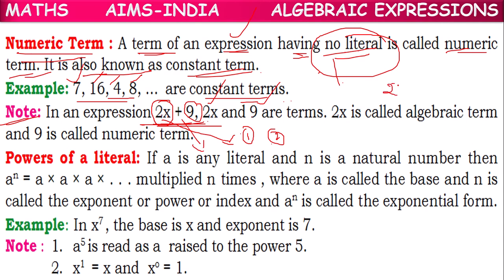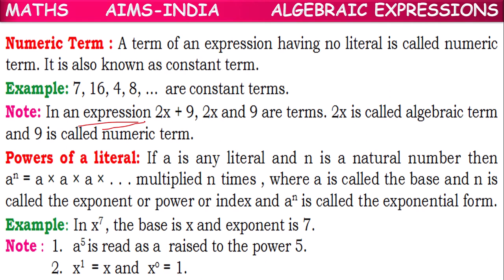If there is no plus operator, if there is into, then it will become single term. So, plus or minus are used to differentiate the terms. Out of two terms, 2x is the algebraic term, 9 is the numerical term. We have a combination of both.